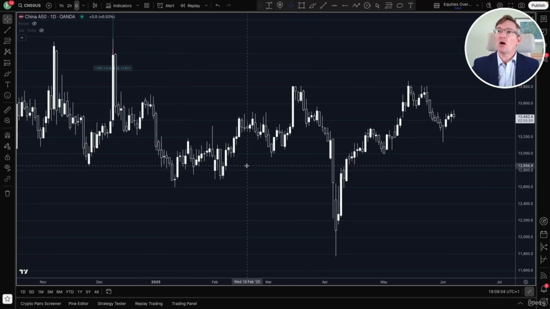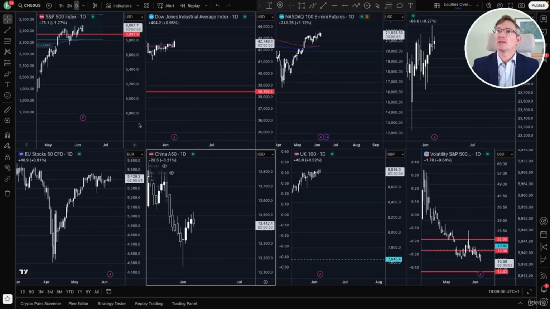So not only do you have regional strength reflected by the global indices, but also within each index, sectors can tell a story. So if industrials and financials are leading, it can point to strength in business activity and lending.